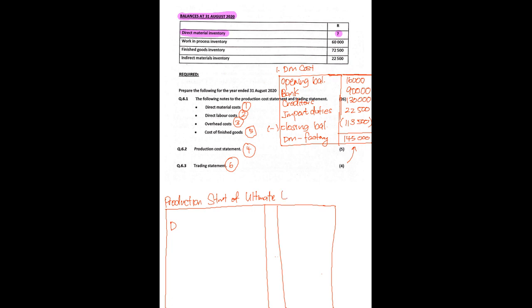So it's Ultimate Limited, and it's for the year ended, is it August or September? August. So for year ended 31st August 2020. Yes, 2020. So there is a mark allocated to that.